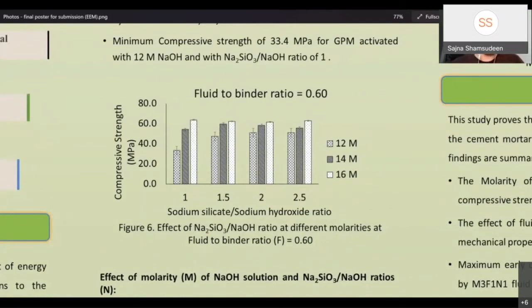The reason is that the higher the concentration of sodium hydroxide, the higher the alkalinity, which increases its ability to react with the materials and form the geopolymerization products and the geopolymer gel that binds the materials together.